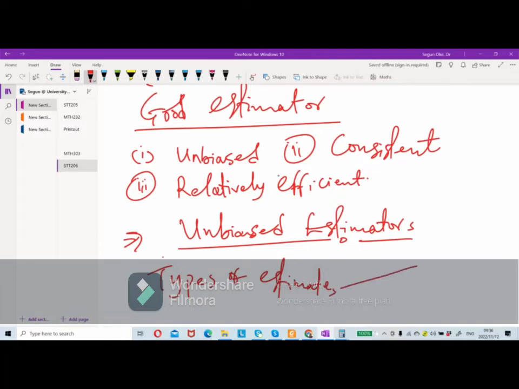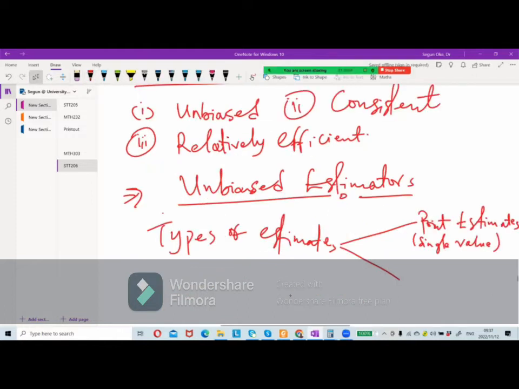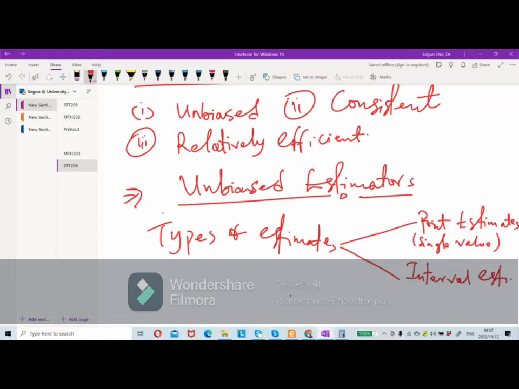We have what we call point estimate, with a single value. And then we have interval estimate. That is, this one is range of values.